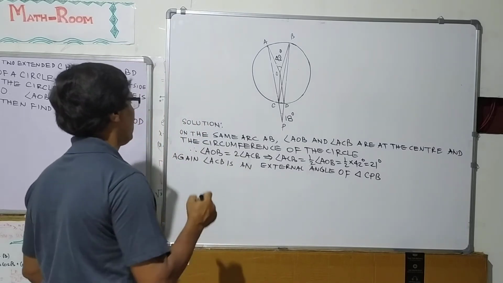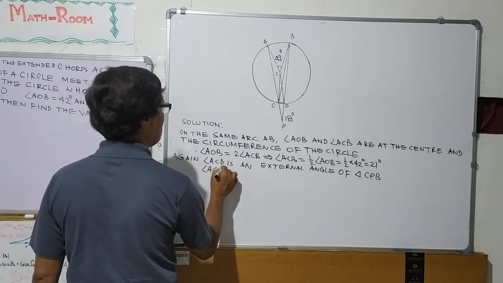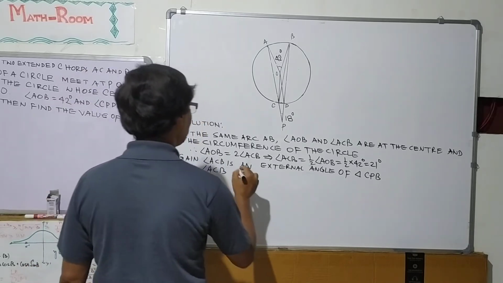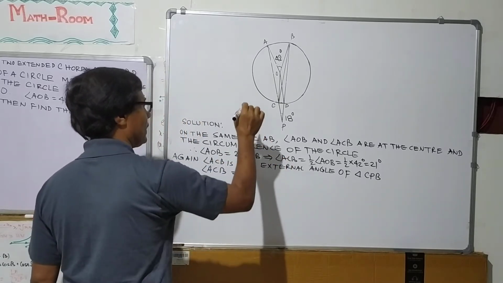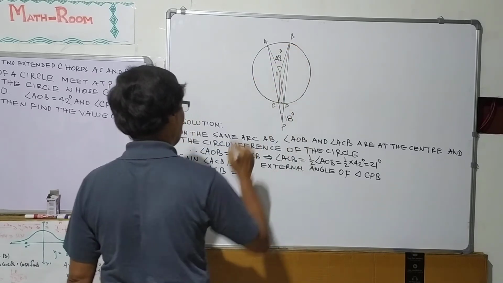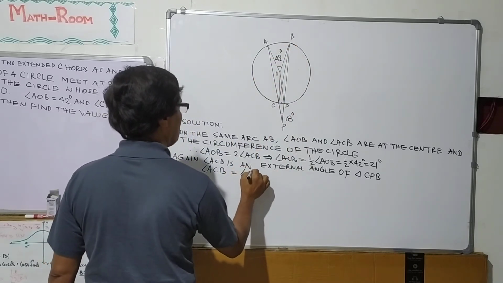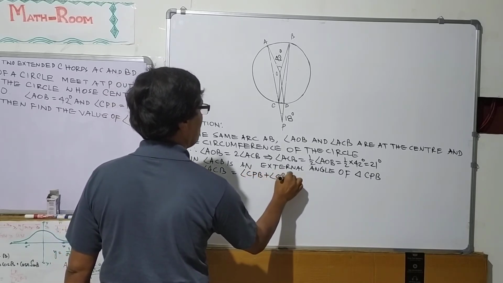So, we can write external angle ACB equals the sum of the two opposite internal angles. The two opposite internal angles are CPB and CBP. So, ACB equals CPB plus CBP.